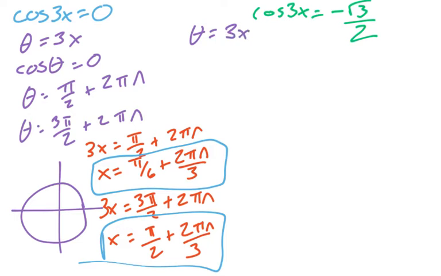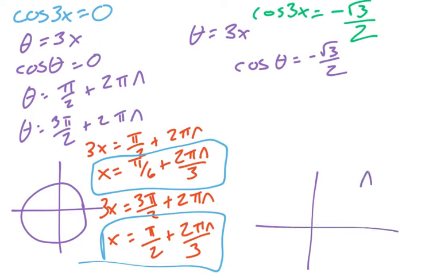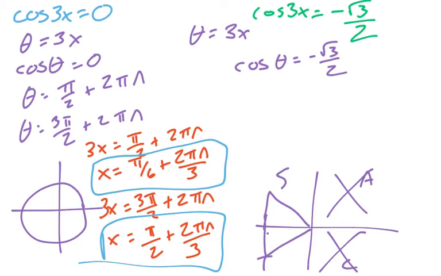Let theta equal 3x. So we're basically thinking, okay, cosine of theta, when does that equal negative root 3 over 2? If you do the all students take calc thing, you can't be in the first or the fourth quadrant. So your triangles have to be in 2 or 3. And then I'm going to think of the finger trick: for cosine, you have square root of fingers above over 2.